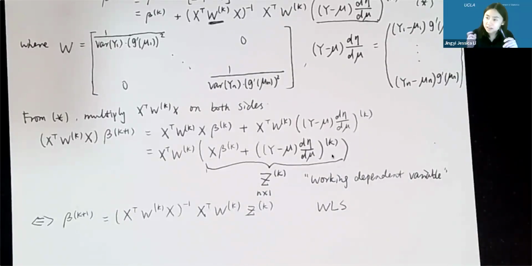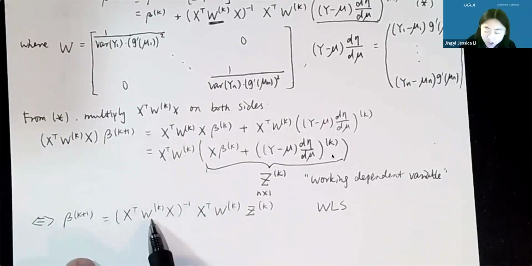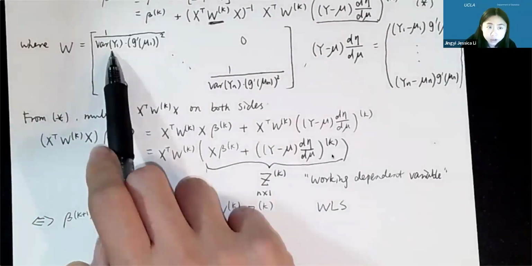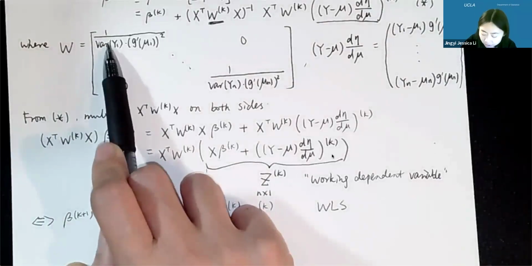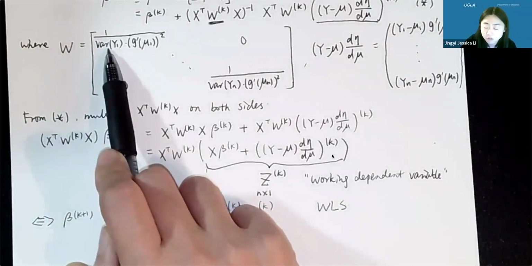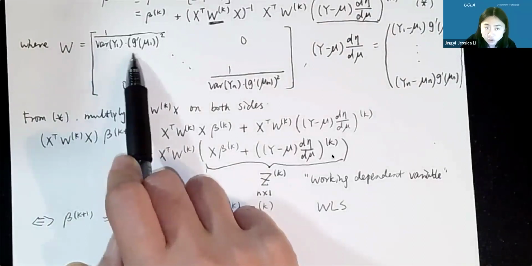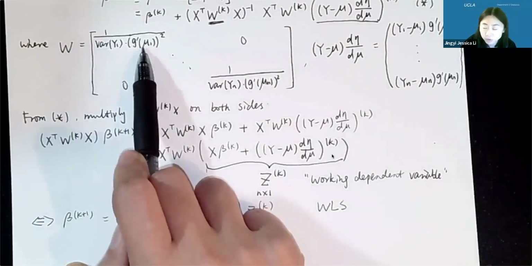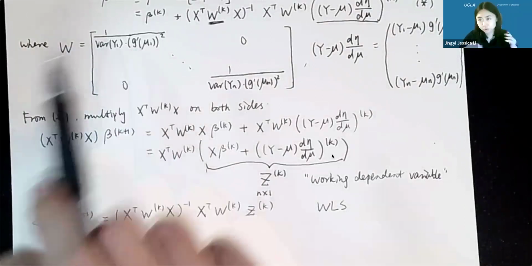Okay, so the nice thing here is that in each iteration we solve a weighted least square. And because the weights are also updated, every time k changes, wk will change accordingly, because the variance of each yi involves parameter values, and this derivative at mu i also involves parameter values.